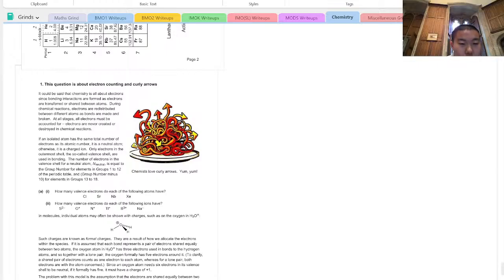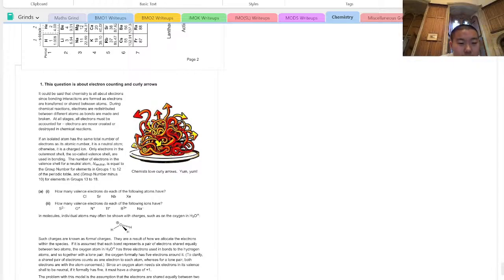Otherwise, it's a charged ion. Only electrons in the outermost shell, the so-called valence shell, are used in bonding. The number of electrons is equal to the period number for groups 1 to 12 and the group number minus 10 for elements in groups 13 to 18. So, okay, that basically tells you all you need to do.